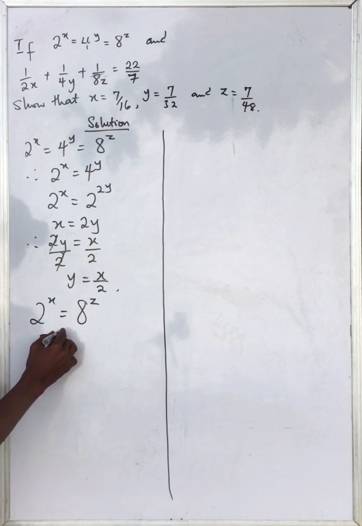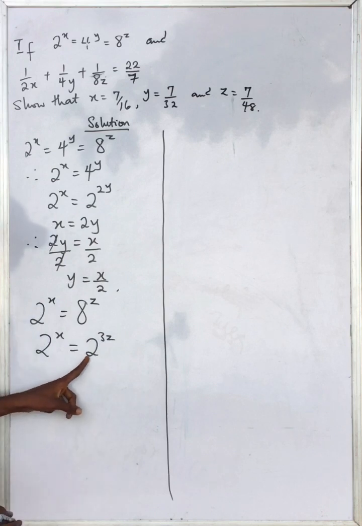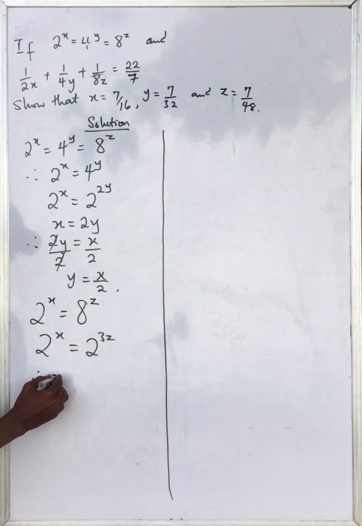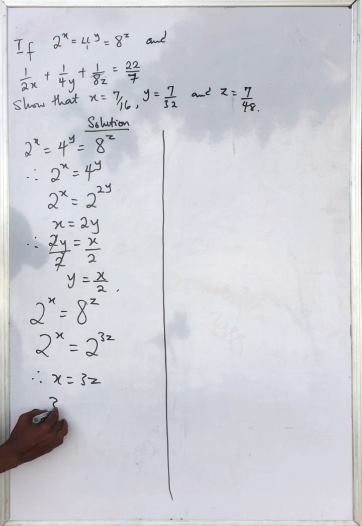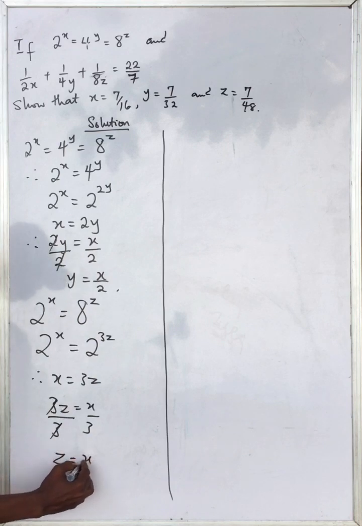We have 2 raised to the power of x is equal to 2 raised to the power 3z. Remember, 2 raised to the power 3 is the same thing as 8. So therefore we have x to be 3z. And so I want to express z in terms of x. So I have 3z to be equal to x, divide both sides by 3, and I have z to be x over 3.